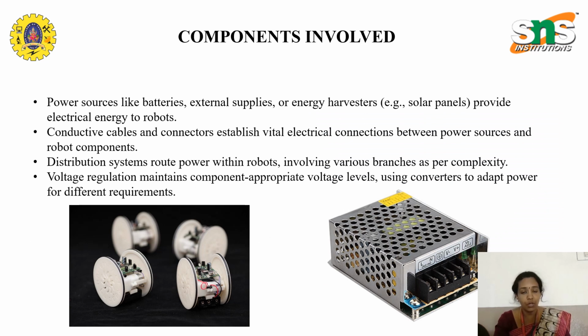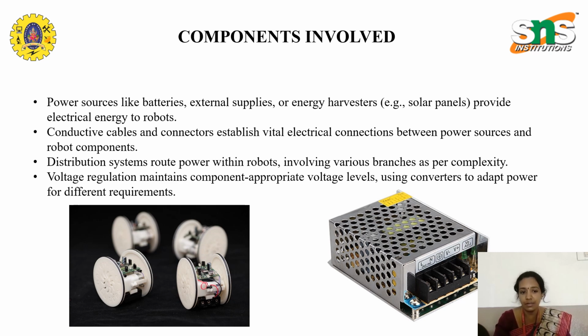The main important components in the electrical power transmission system involve power sources like batteries, external supplies, or energy harvesters. This provides electrical energy to the robots. Conductive cables and connectors establish vital electrical connections between power sources and the robot components.